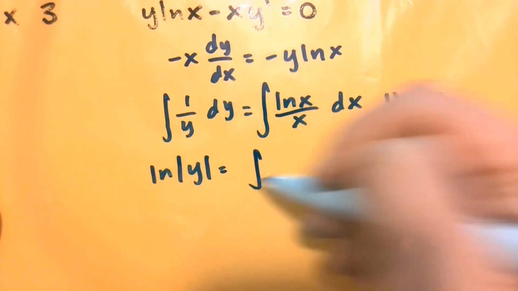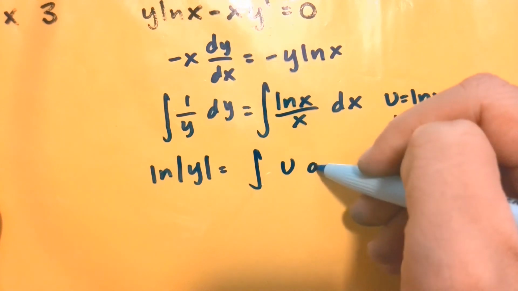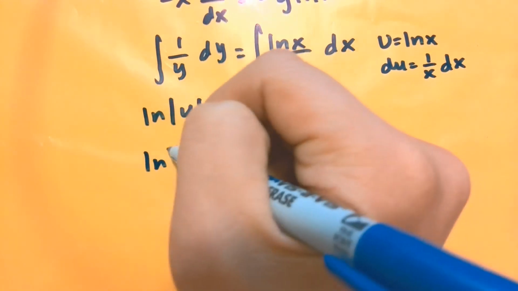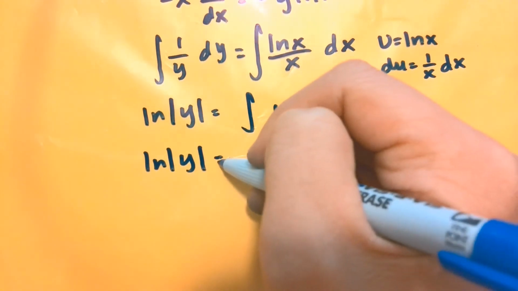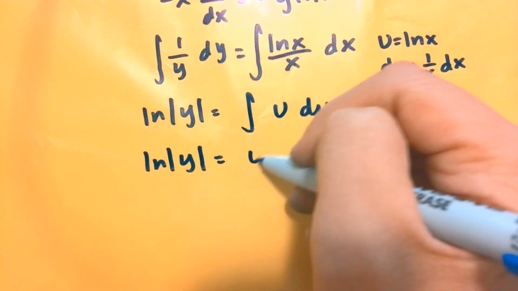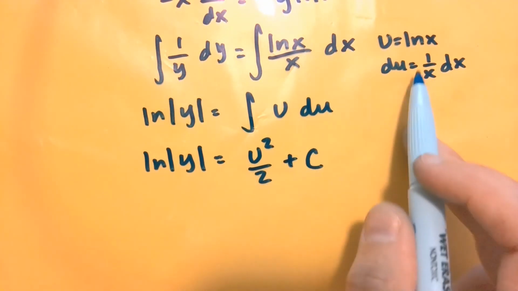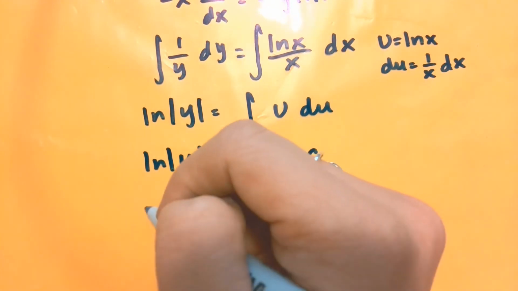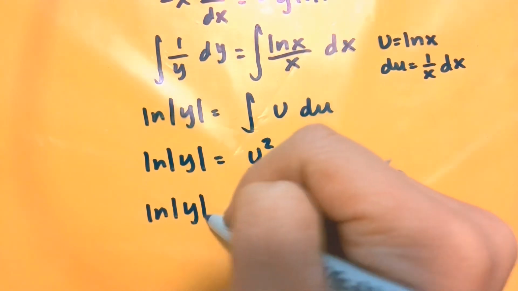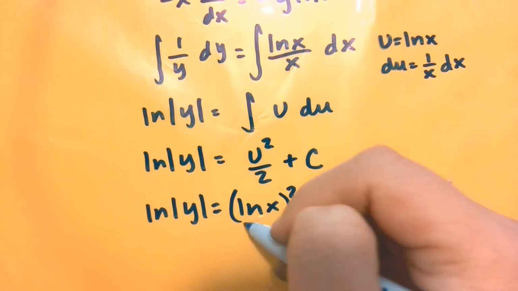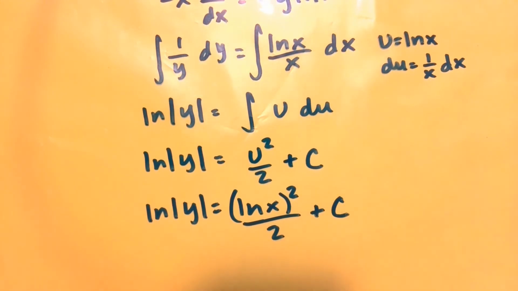Which means when I substitute, I'm just going to have a u du. So I've got the natural log of y. When I integrate, I have u squared over 2 plus c, and my u squared is actually just the natural log of x squared. Okay, so we're going to stop there.